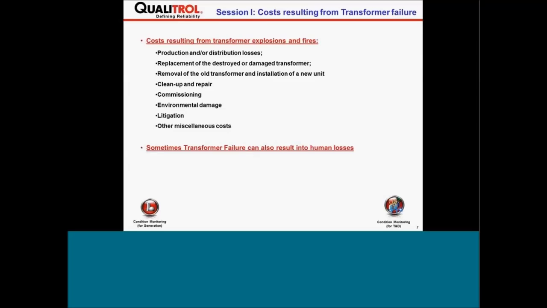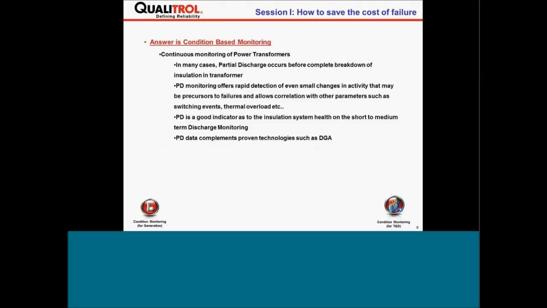Commissioning of a new station or a new transformer in that station, environmental damage caused, any litigation resulting from it, and just your general cost for management and taking care of such a failure. And obviously, health and safety is the most significant aspect of this, and the possible resulting loss of human life, maybe, if we have a really serious situation.